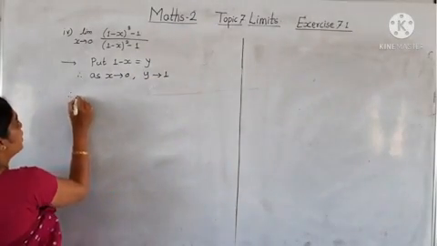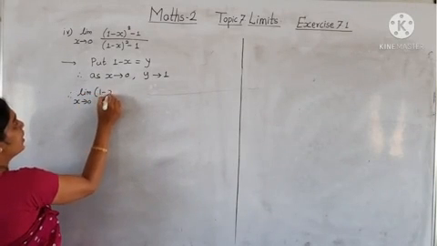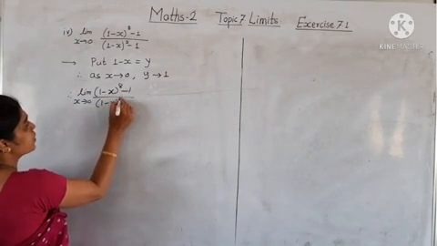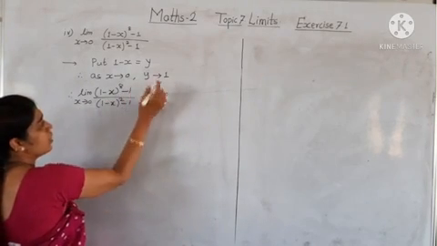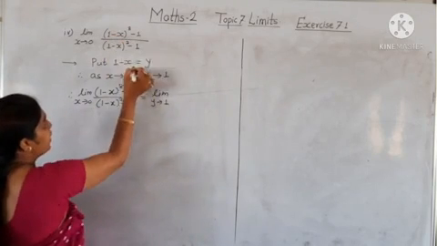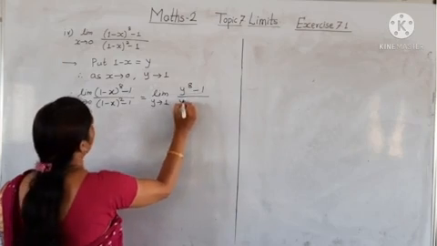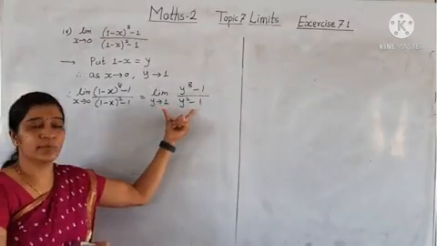So our limit becomes limit x tends to 0, 1 minus x raised to 8 minus 1 upon 1 minus x square minus 1 becomes limit y tends to 1. We put 1 minus x as y raised to 8 minus 1 upon y square minus 1. Now this limit becomes in terms of y.